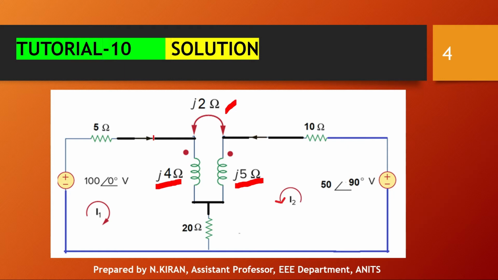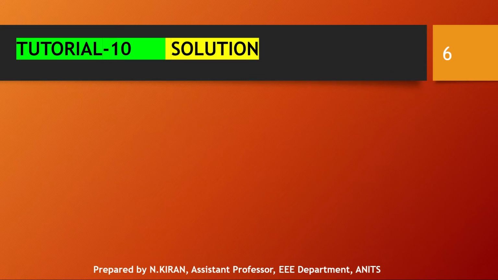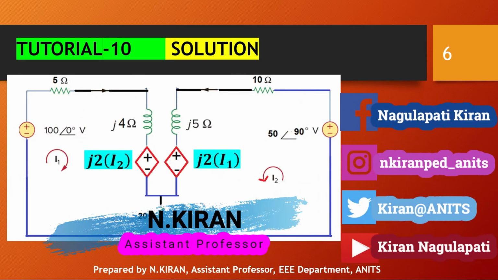applying the dot rule. As you can see, the current here is entering the dotted terminal, so I'll get positive here and negative here for a dependent source, and in this the current direction is entering the dotted terminal, and here also I'll get positive at the dotted end and negative at the undotted end. So indicated.